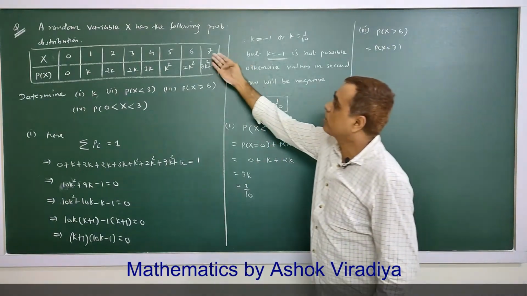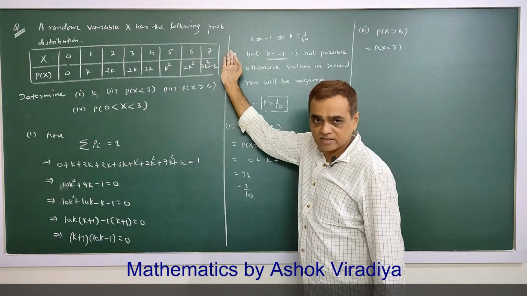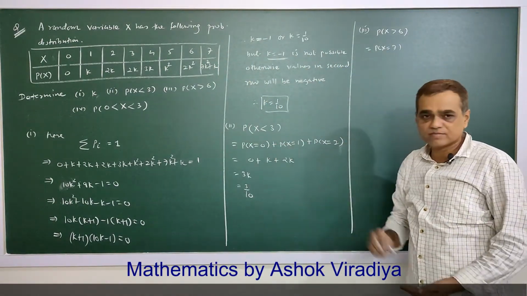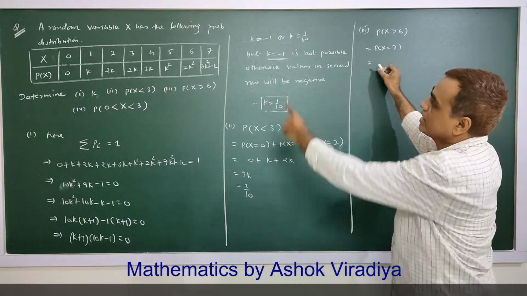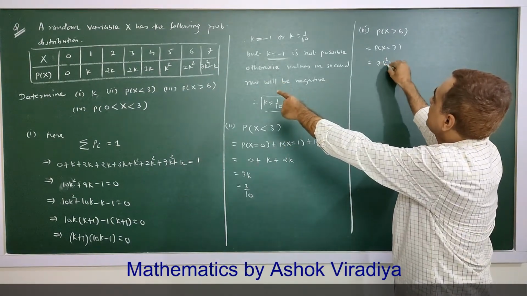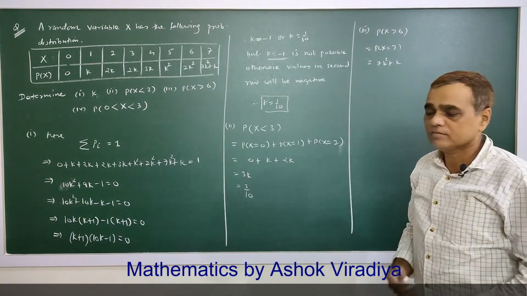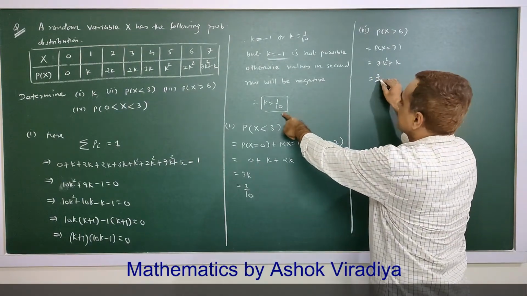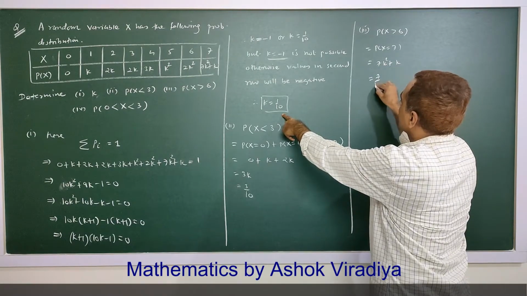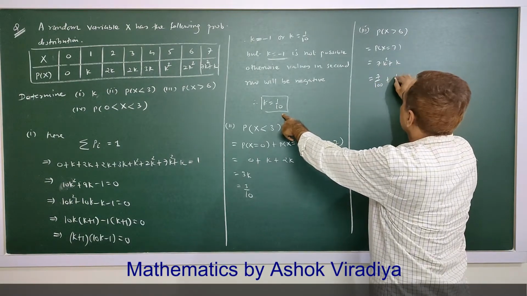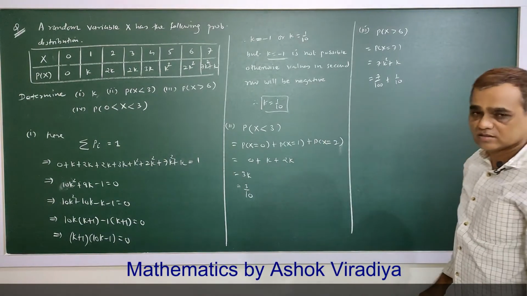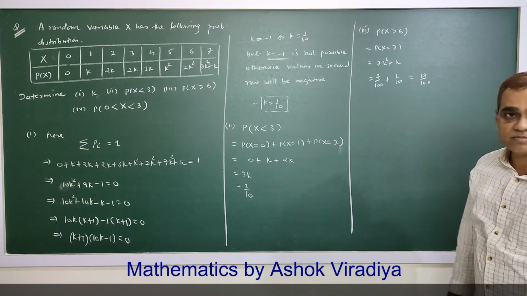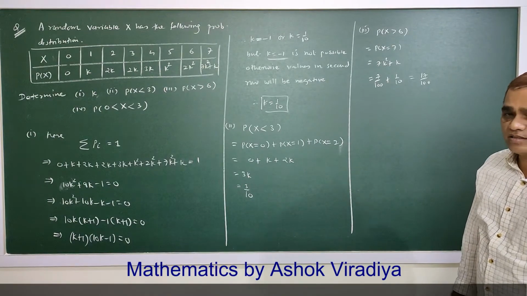Otherwise, if there are more numbers more than 6, then we have to do addition like this. So probability of 7 is 7k square plus k. Now putting the value of k, k square is 1 by 100, so 7 by 100 plus 1 by 10. So this is 17 by 100 or 0.17.